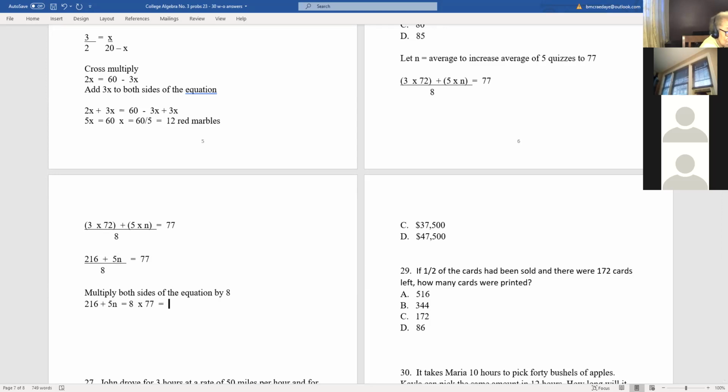Let me see, 8 times 77. 8 times 7 is 56, 8 times 7 is 56, and 7, 6, 16. 616, right?